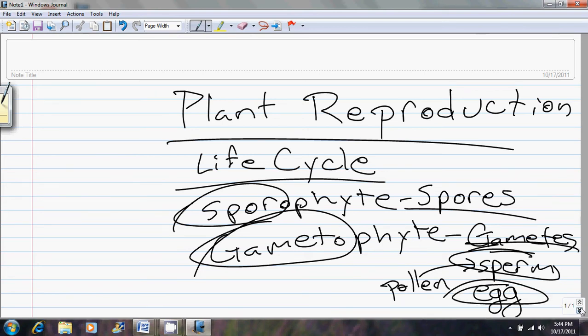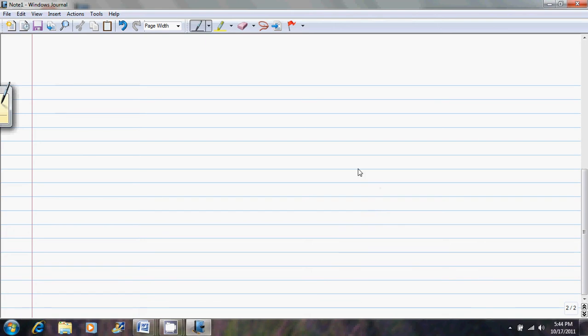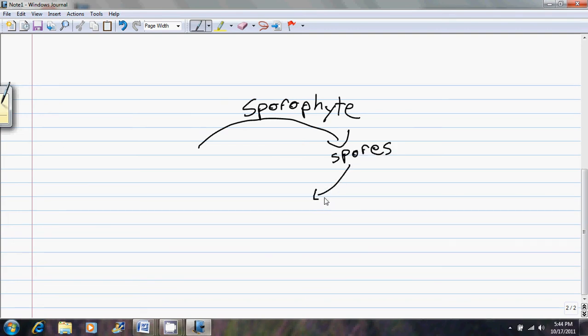Now, again, if you're looking at page 111, you can see that you'll have a plant, and it'll go through a stage in its life where it is a sporophyte. And as a sporophyte, like we said, it's going to produce spores to make more plants. Now, these spores can turn into male plants and female plants.